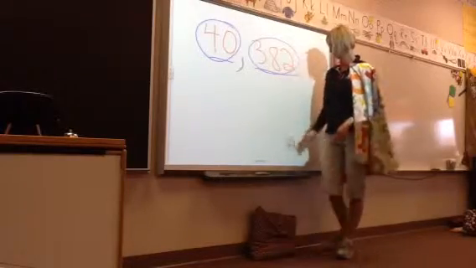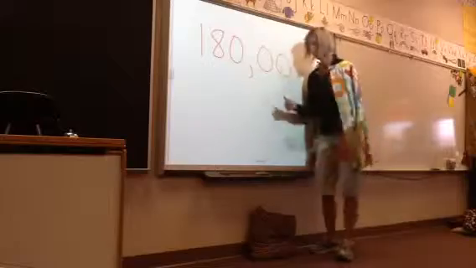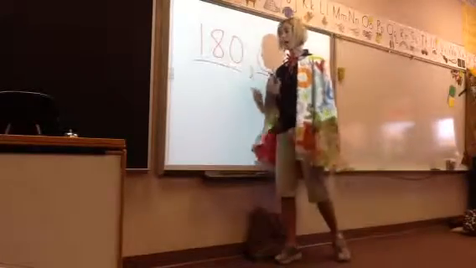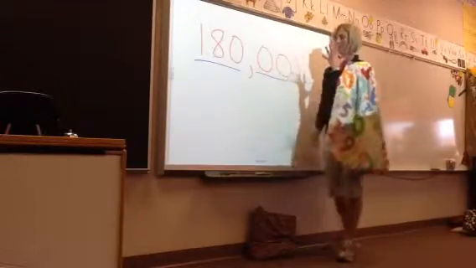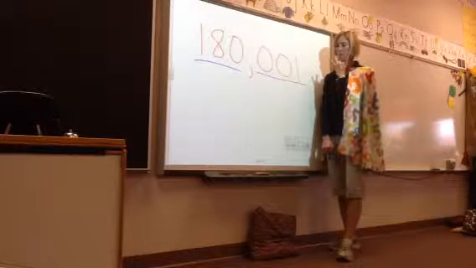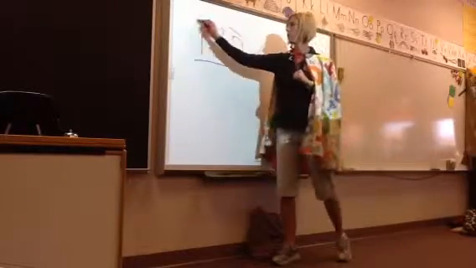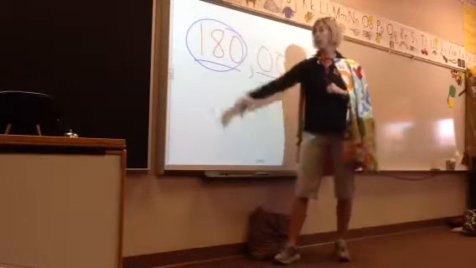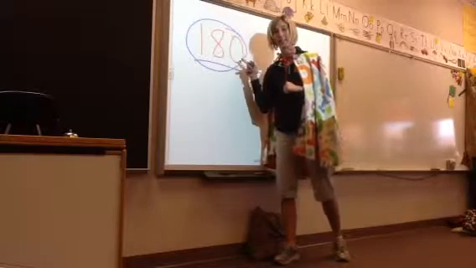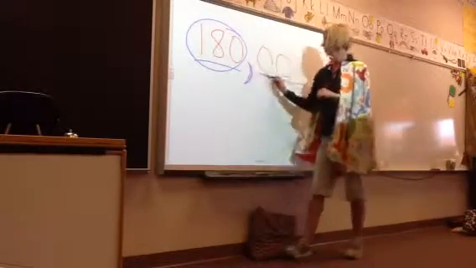Okay, new number. How many periods do we have? 2. Ones period. Thousands period. Go ahead, try it. Okay, guess what? We're going to look at it as a whole. I have 180. 180 what? 1,000. I look at this as a whole.